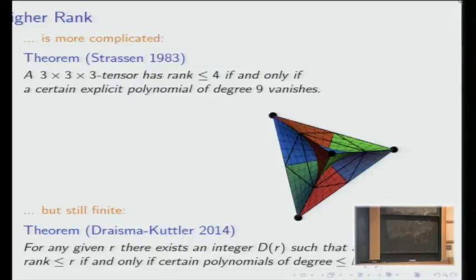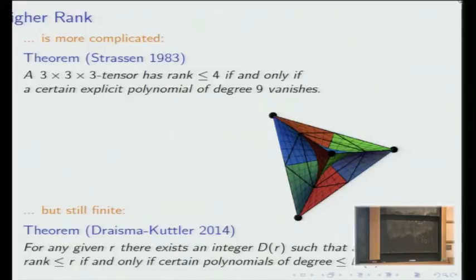So d of 1 is 2. d of 2 is 3. That was the previous slide. d of 4 is at least 9.